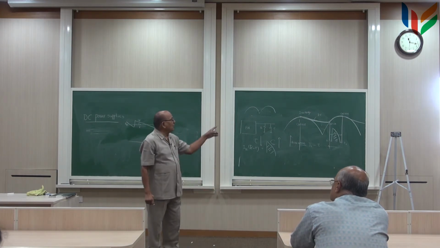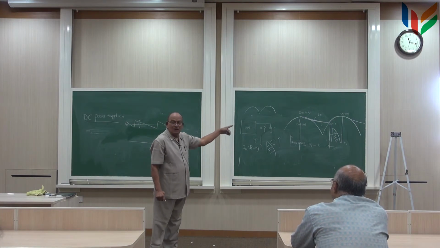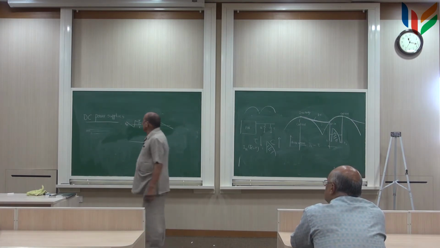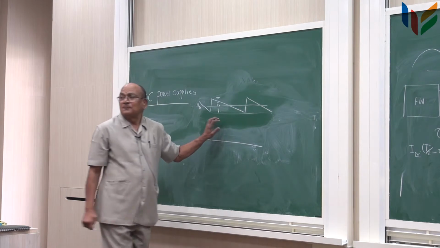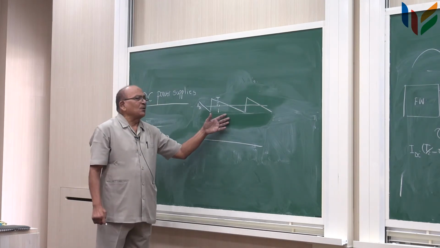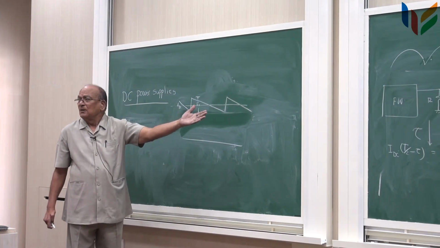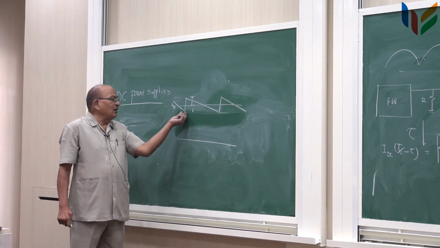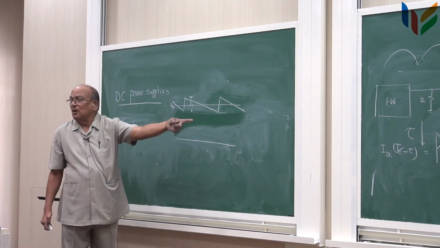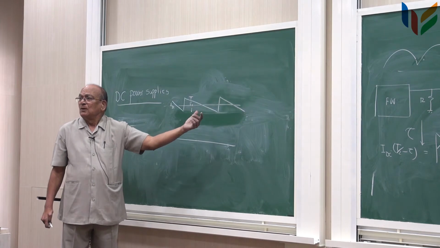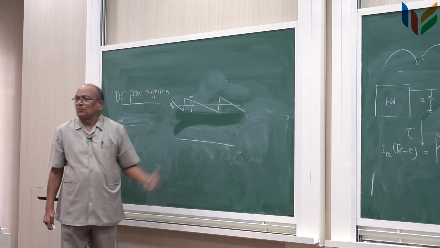So now the waveform, the two exponentials, I am approximating by a waveform like this, and this is quite a good approximation as long as C is large enough, because the duration of this will be extremely small compared to T by 2. As a result, this is a reasonable approximation.